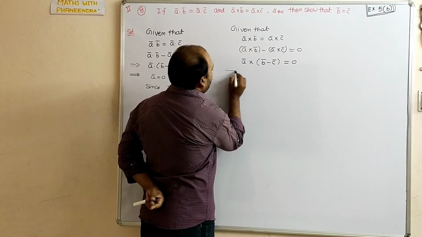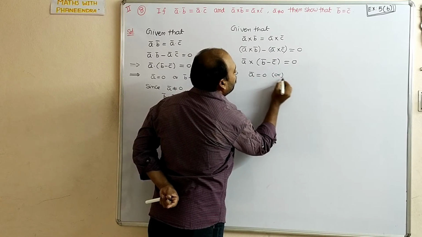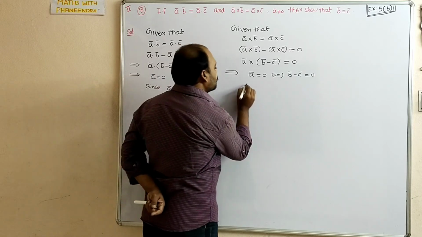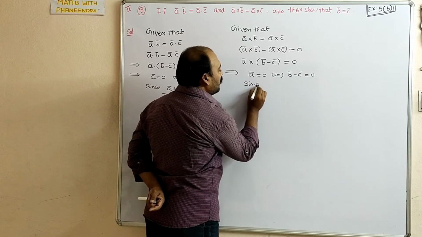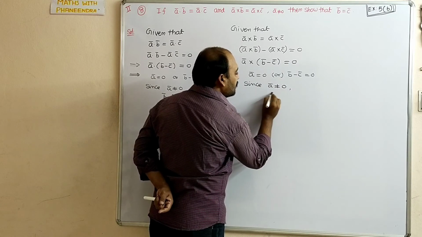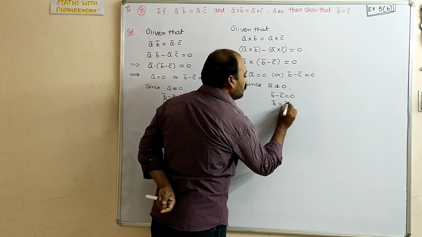Here also, either a bar equal to 0 or b bar minus c bar equal to 0. So, since a bar is not equal to 0, then obviously b bar minus c bar equal to 0. Therefore, b bar equal to c bar.